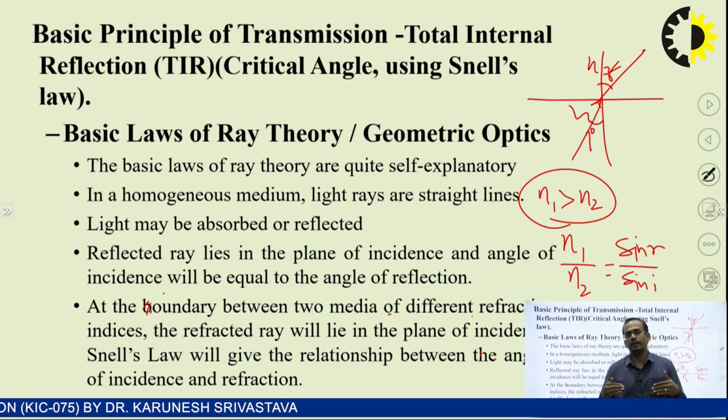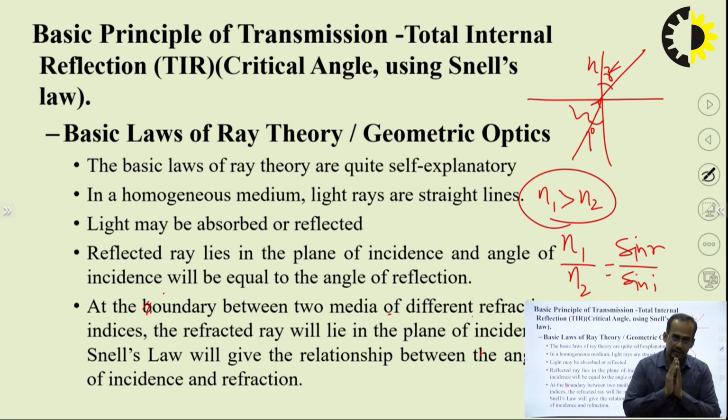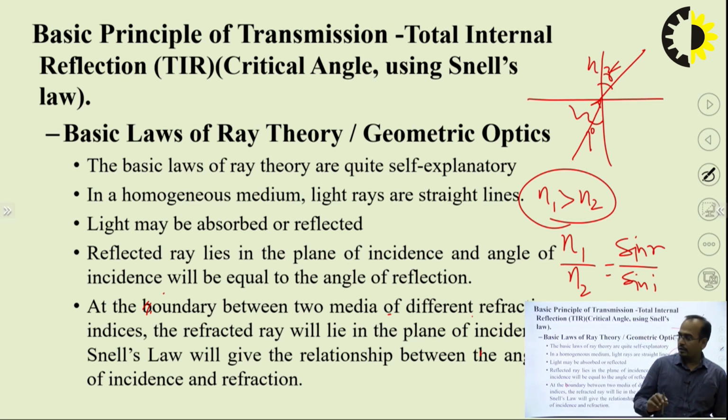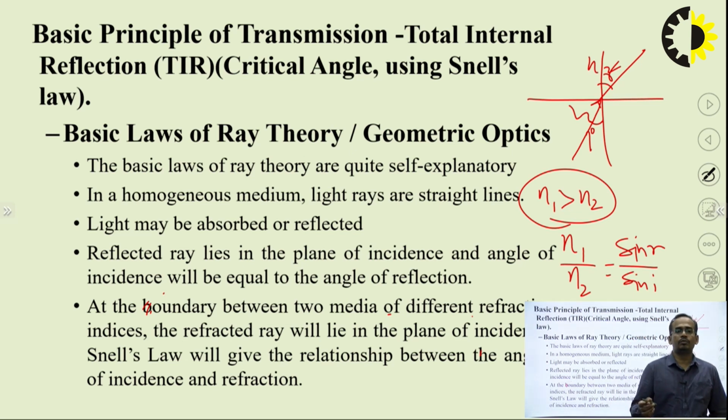If I am moving from higher refractive index to lower refractive index, the ray will go away from the normal. If I am moving from lower to higher refractive index, the ray will move towards the normal. So, this is the basic principle.